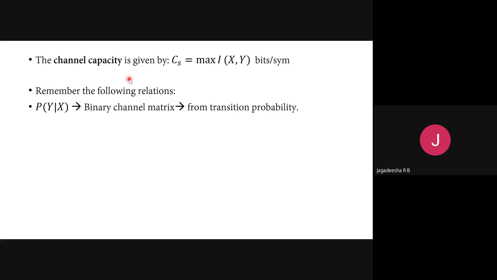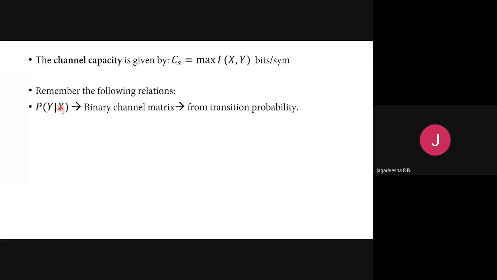First one, conditional probability of y. How to find that? When you know the channel, you can find the binary channel matrix from the transition probabilities. That gives P(Y|X), that is the conditional probability of the output, if we know the probability of inputs.